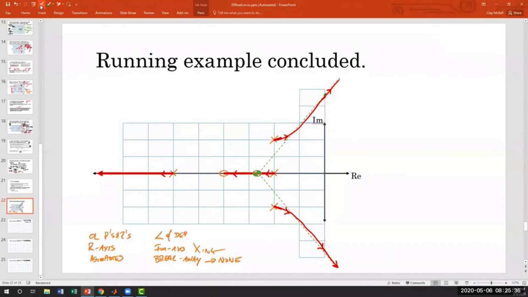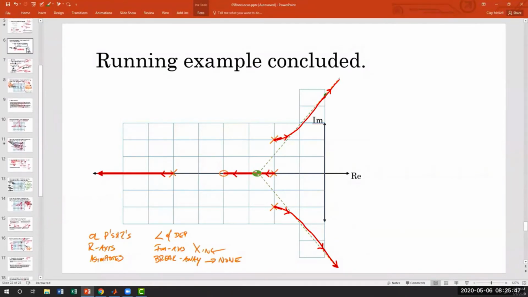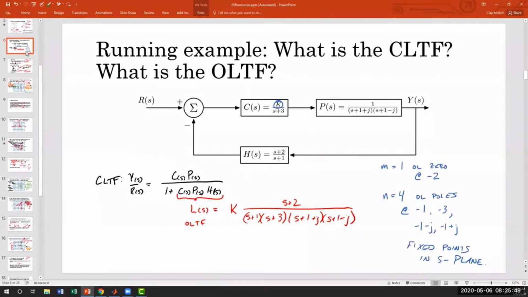So we started this question with the assumption that there's just a single gain of K that's changing it. Could it work with other variations of that? Does it have to be just a single gain? That is a great question. So you're already starting to see the limitations of this method, that what I taught you only works as K varies.